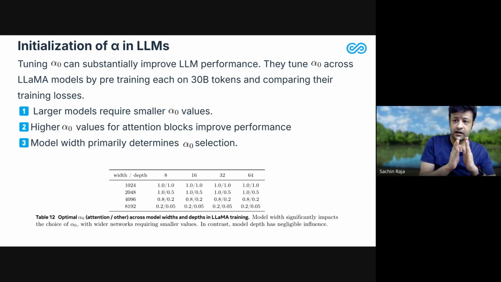And that, for attention blocks, might actually make sense. If we look at how attention is computed, it's a dot product, right? And the dimensionality of these models is generally very large.